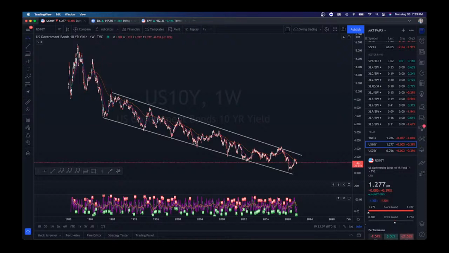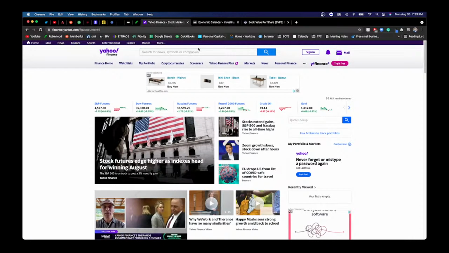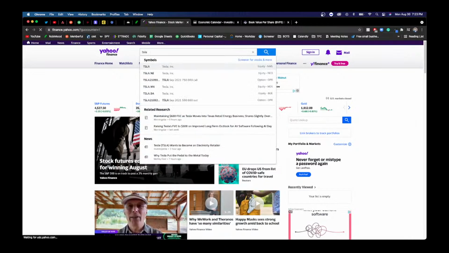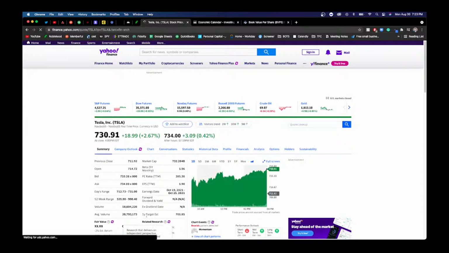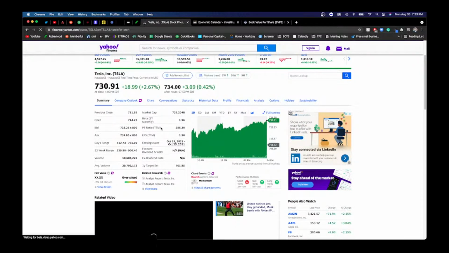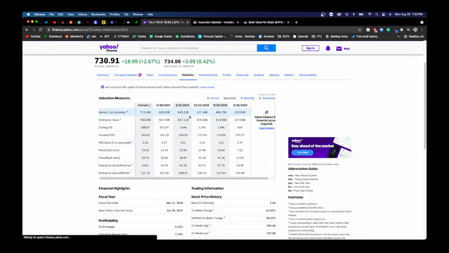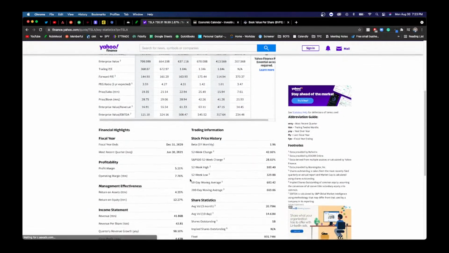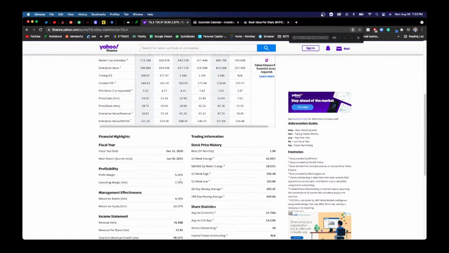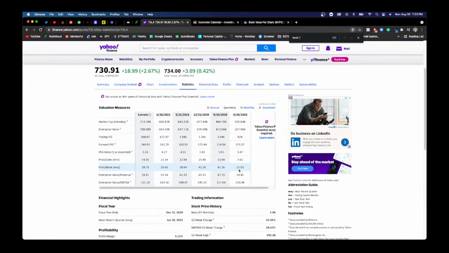An example of it will be here. Let's go back to finance. We're going to go to, say, Tesla, because everybody loves Tesla. Everybody hears about the PE ratio, things like that. Well, if you come over here to the statistics tab, there should be a price to book right there. So Tesla's at 21, or excuse me, that's last year.